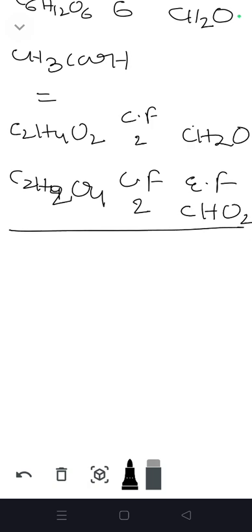Now we will solve the questions of percentage composition, and by calculating the percentage composition, we will calculate the empirical formula of a compound. Here we are taking a question. Question number 1.